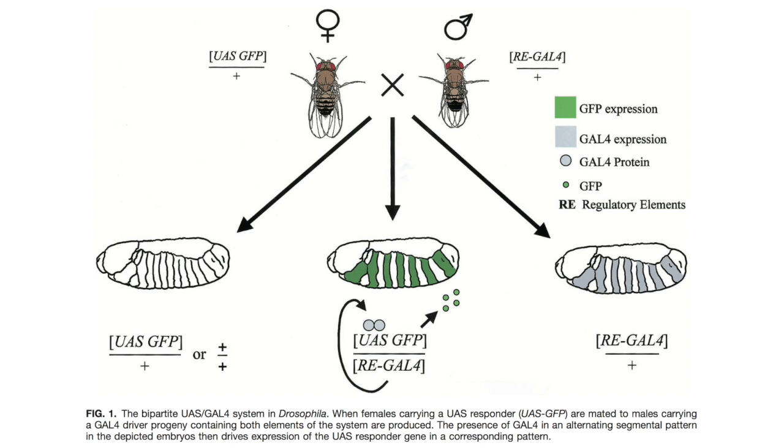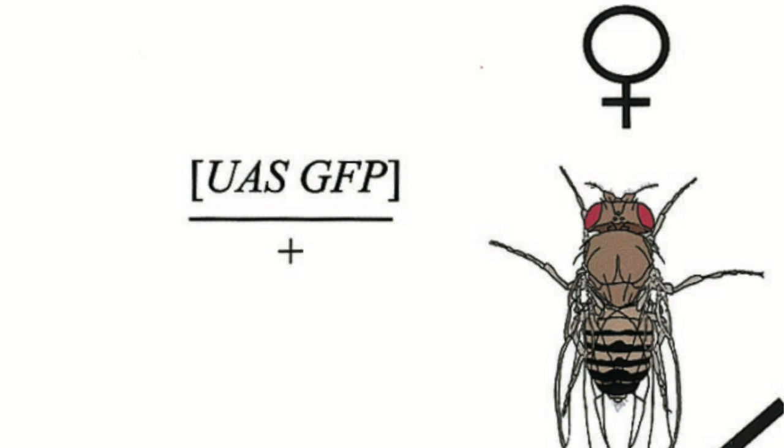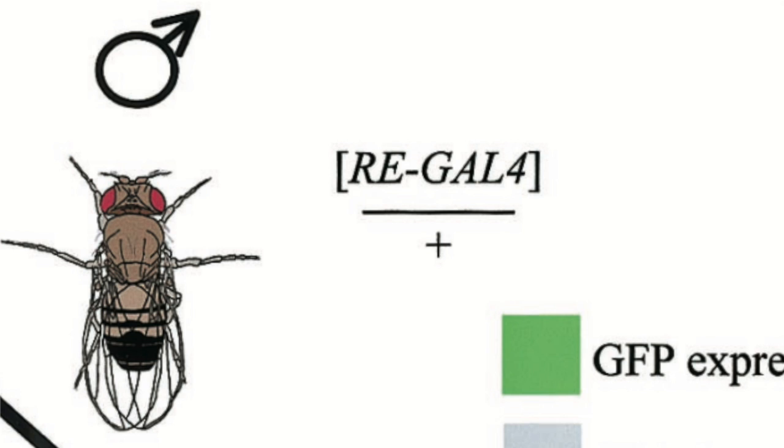And they took what the article refers to as a bipartite approach, meaning that there are two essential components in this system. And in this case, it's two separate parental lines. One parental line is coined the term responder, and in this experiment performed by Brand and Perrimon, the responder is the female fruit fly. And then in the second parental line, they use a male fruit fly, and they refer to the male fruit fly as the driver.